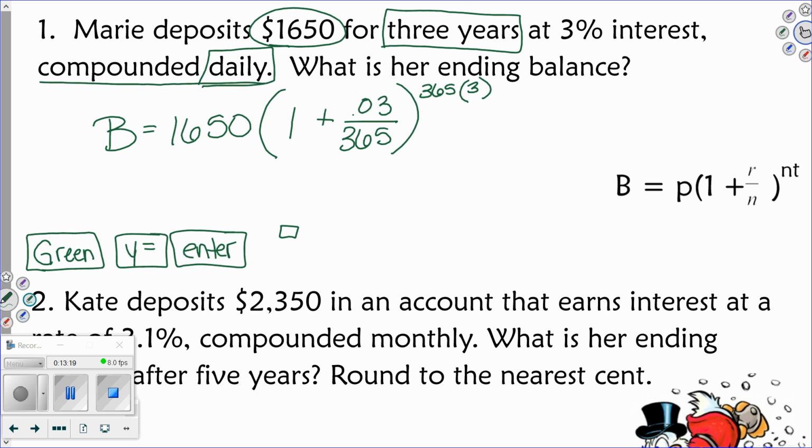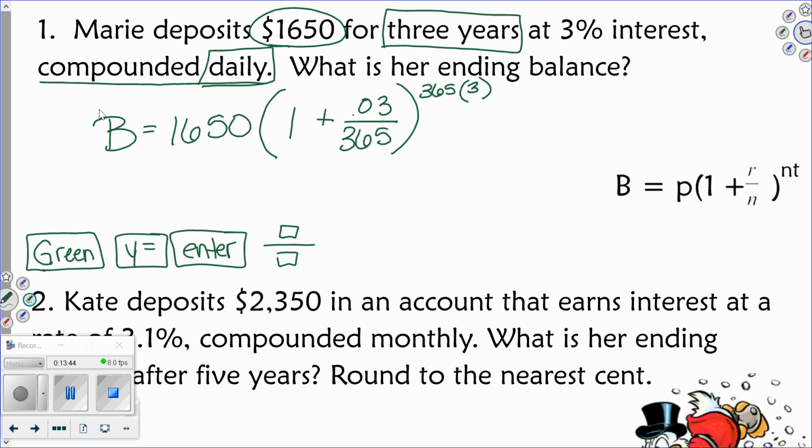That puts up your little fraction like that. Then you can type in 0.03 over 365. When you go to close your parenthesis, though, make sure you arrow out of the denominator. You have to hit the right arrow key to arrow out of that.